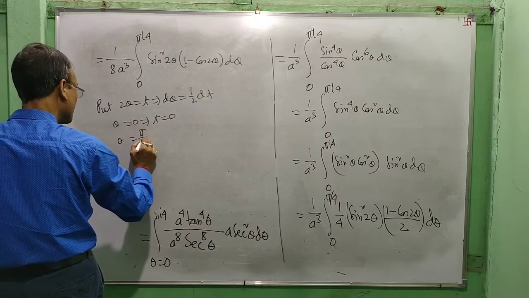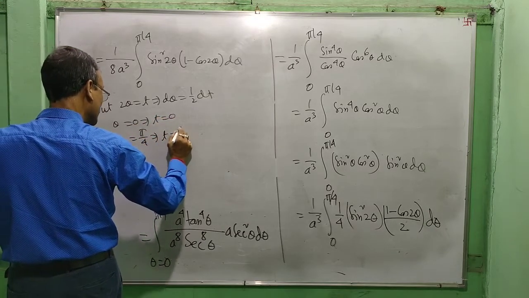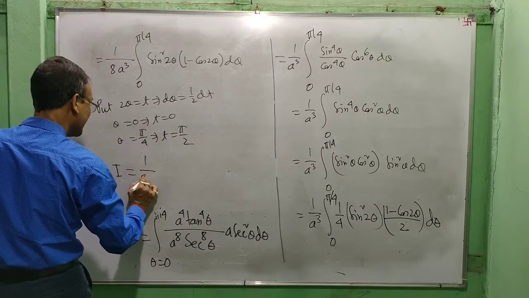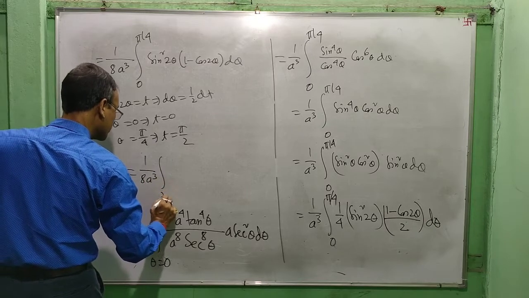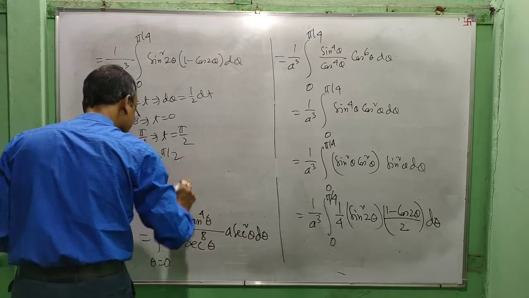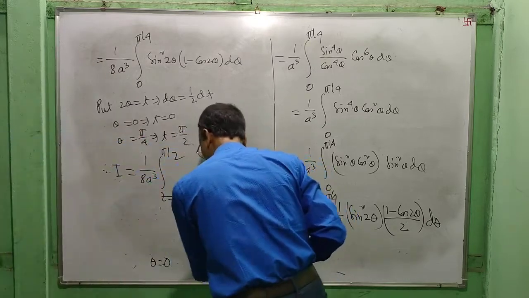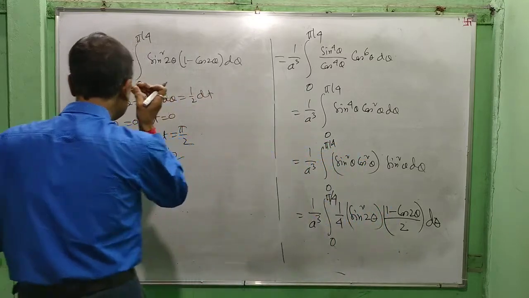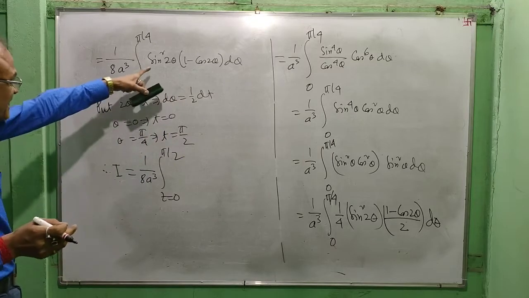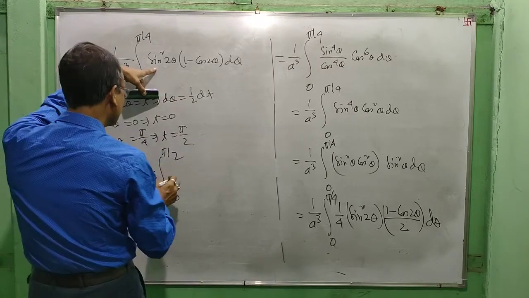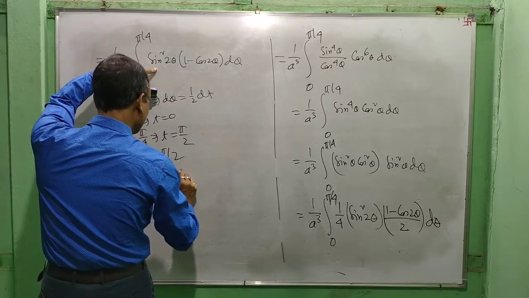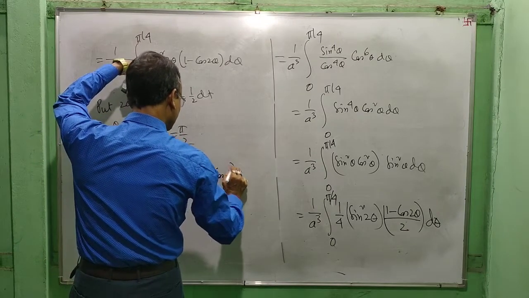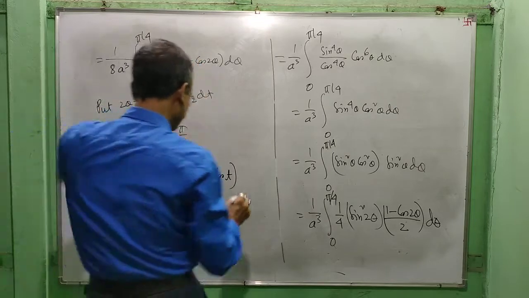Theta is equal to pi by 4 means t equal to pi by 2. Therefore, the integration will be equal to 1 by 8a cube integration t equal to 0 to pi by 2, sine square t into 1 minus cos t, half of dt.